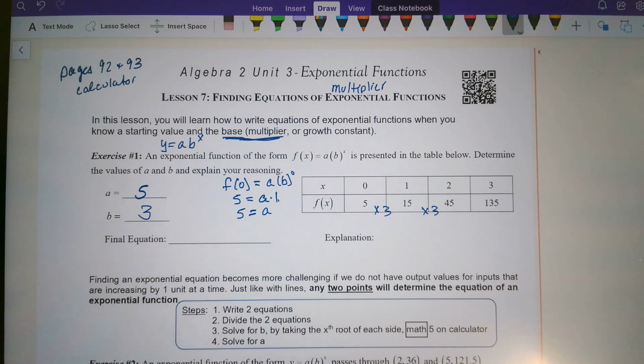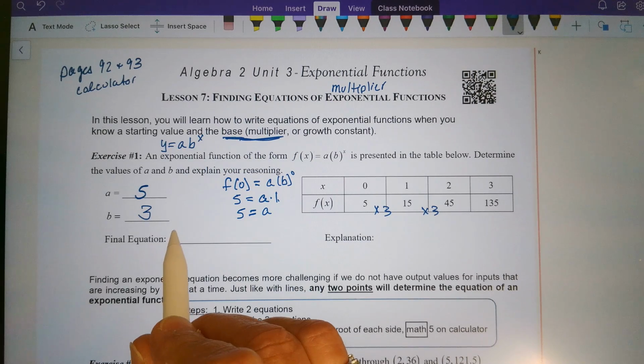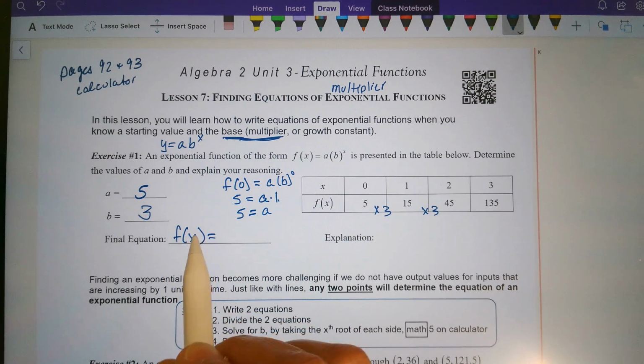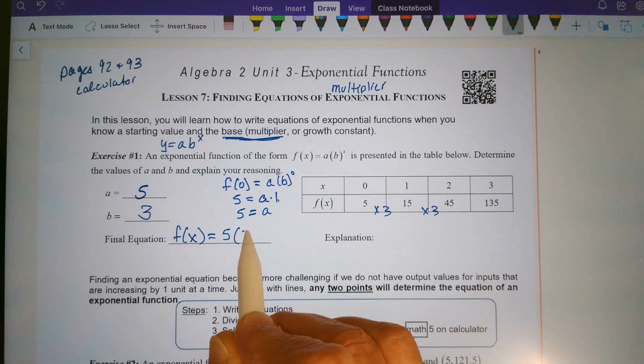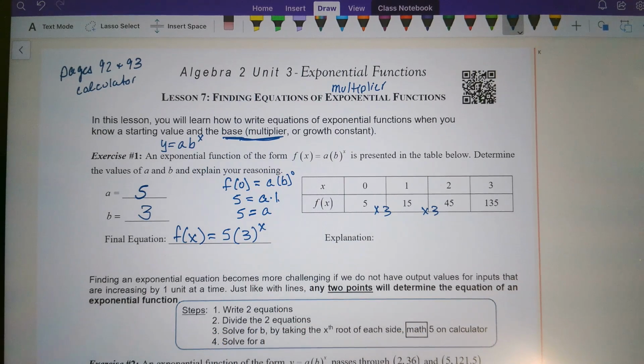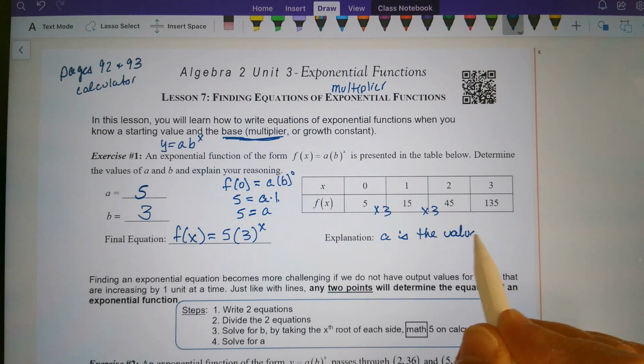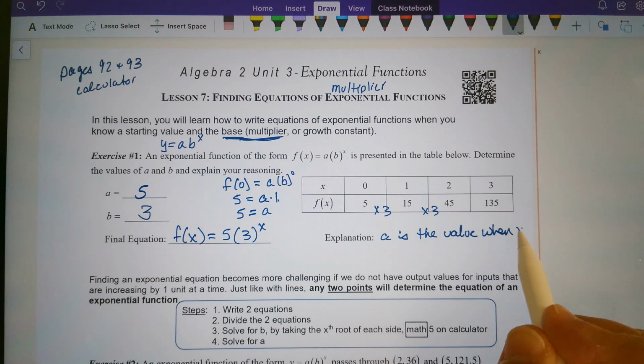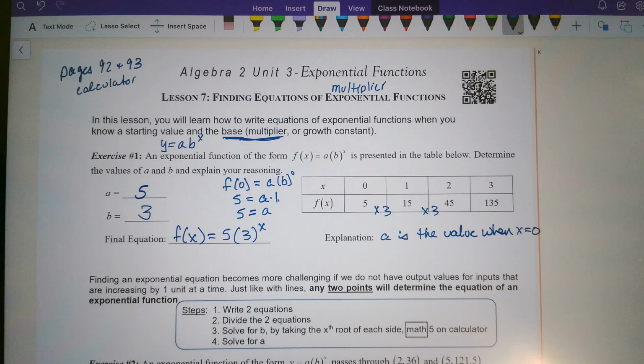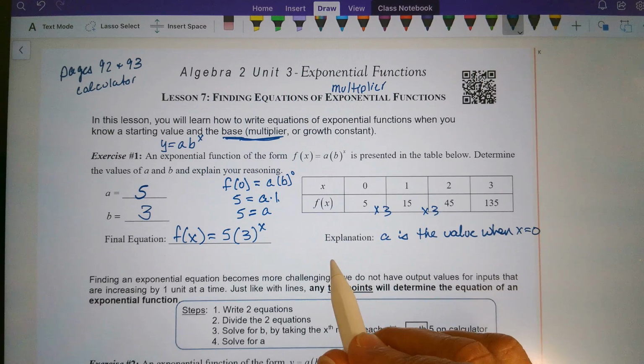A is 5. Our final equation: f of x equals 5 times 3 to the x. Explanation: a is the value when x equals 0, and b is the multiplier per unit increase in x.